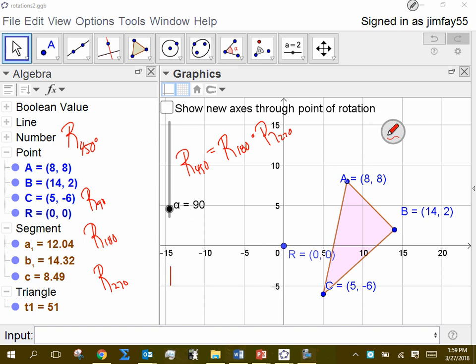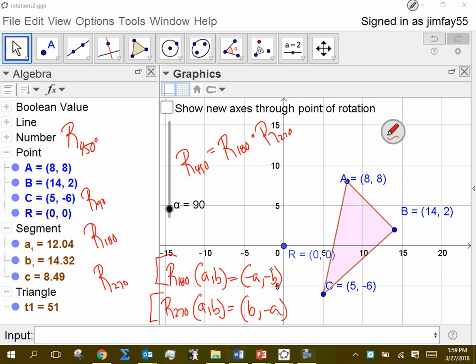The rotation of 180 starts with (A, B) and gives me (-A, -B). And the rotation of 270 says if I start with (A, B), I flip-flop them so it becomes (B, A), and I negate the A. So that's the 180 rotation by itself, and that's a 270 rotation by itself.